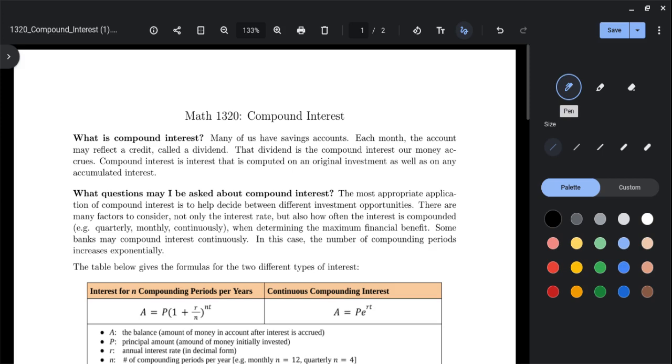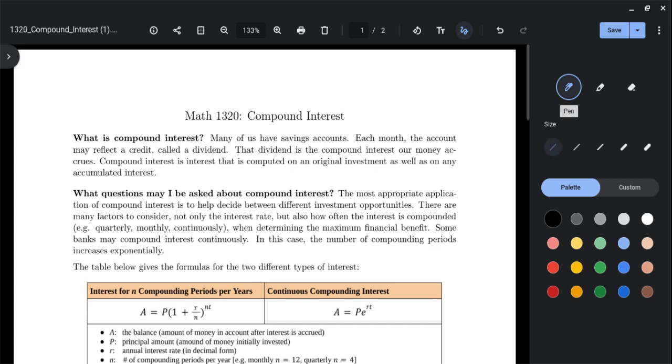But we are going to focus on the compound interest of investment opportunities in this course. So, for example, when I do an application problem later on in the video, we're going to be calculating the compound interest of two different investment opportunities to help decide which one is more beneficial financially.